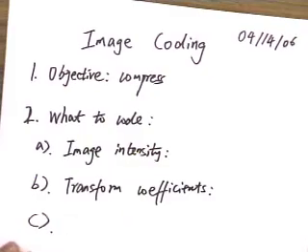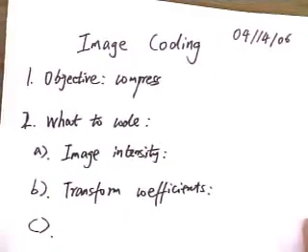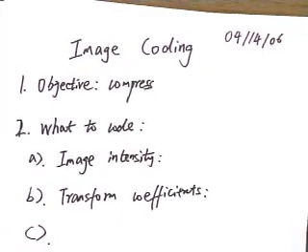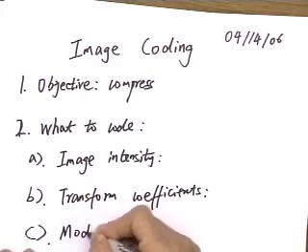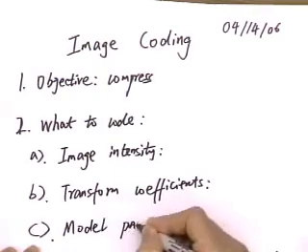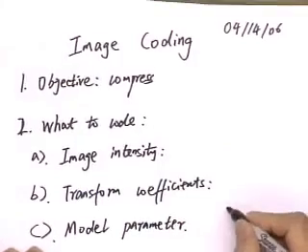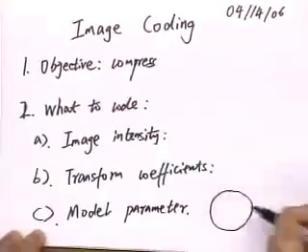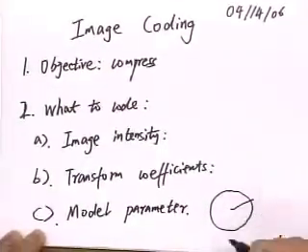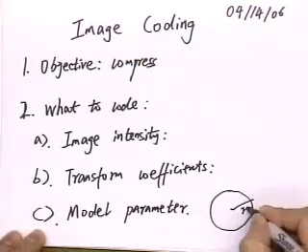And in a more advanced image coding technique today, we first model an image, and then code the model parameters. So it depends on the model. If we try to code just a circle, all we need to do is code the position of the center, and also the radius, r.